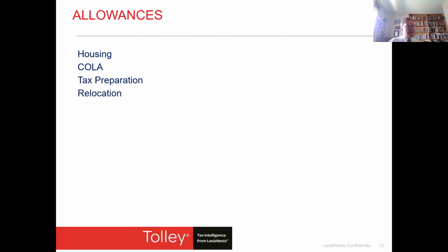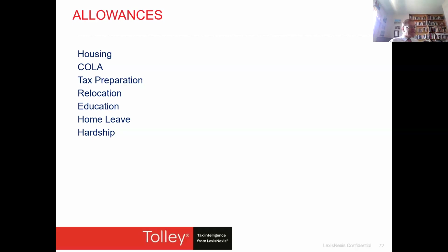Relocation, education expenses, enrolling a child in an international school, for example. Home leave: quite often an extra package will allow home leave for the individual and the family a couple of times a year at least. And some places you go to, a hardship allowance as well.